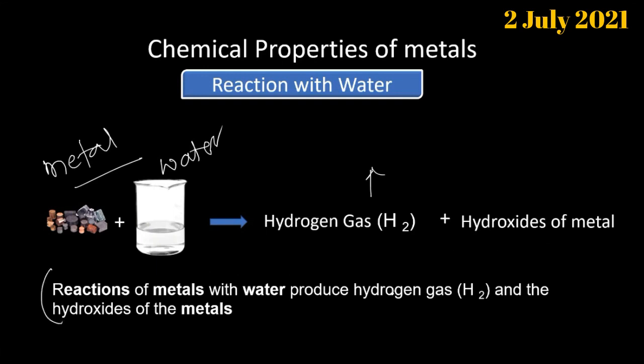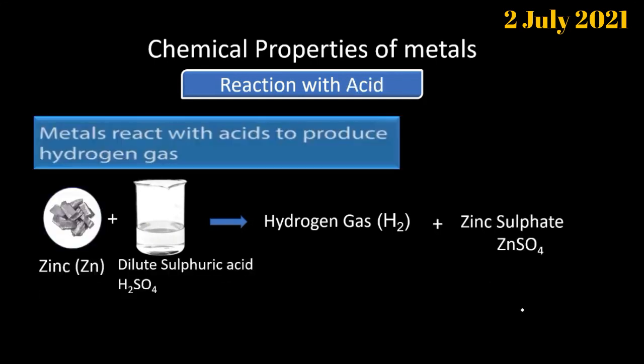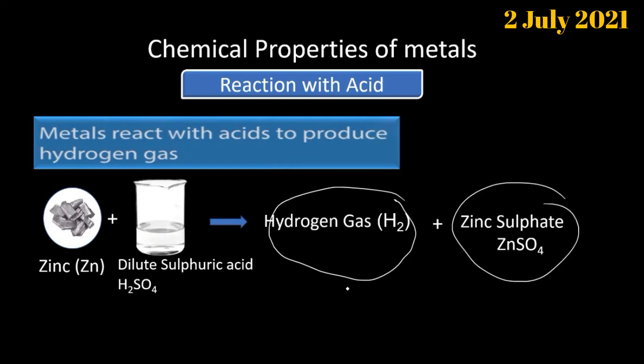When metals react with water, they produce hydrogen gas along with hydroxides of the salt. Next, we have seen reaction with acid. Again, see the similarity. Hydrogen gas is evolved and the salt is formed. So here again product is hydrogen and salt.